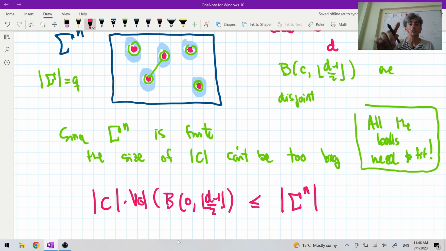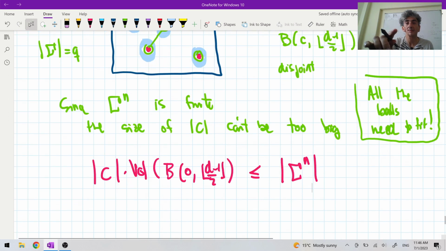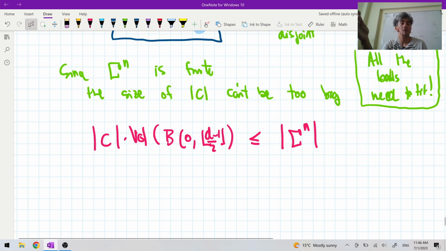This bound is known as the Hamming bound, or at least this is an initial version of it. The concept behind this is that the balls need to fit.